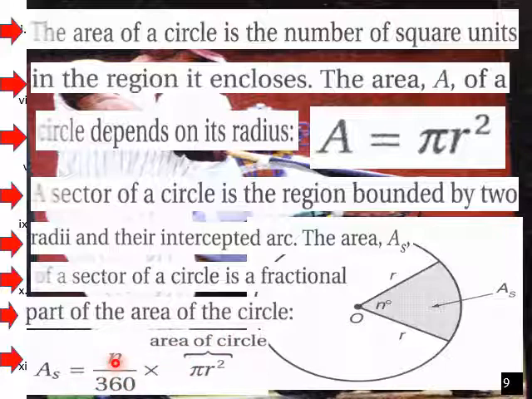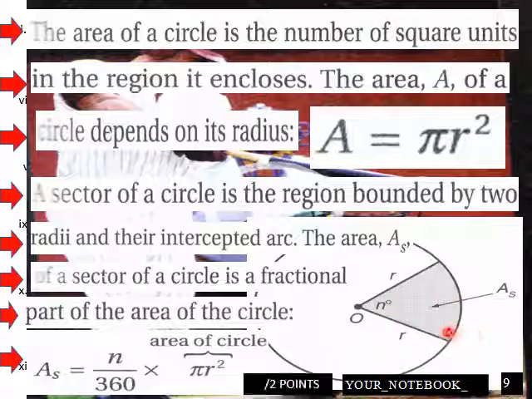So A of S equals n over 360 times pi r squared, the area of a circle. It's a fraction of 360, which is the degrees of your circle. What fraction of that circle times pi r squared would give you the area of a sector?